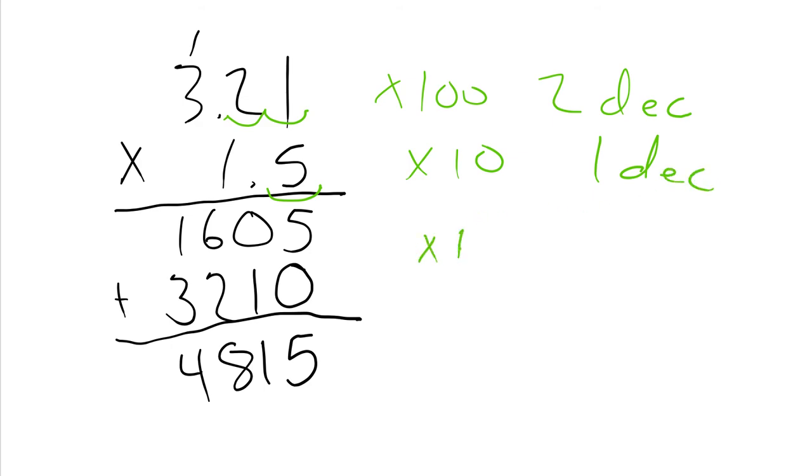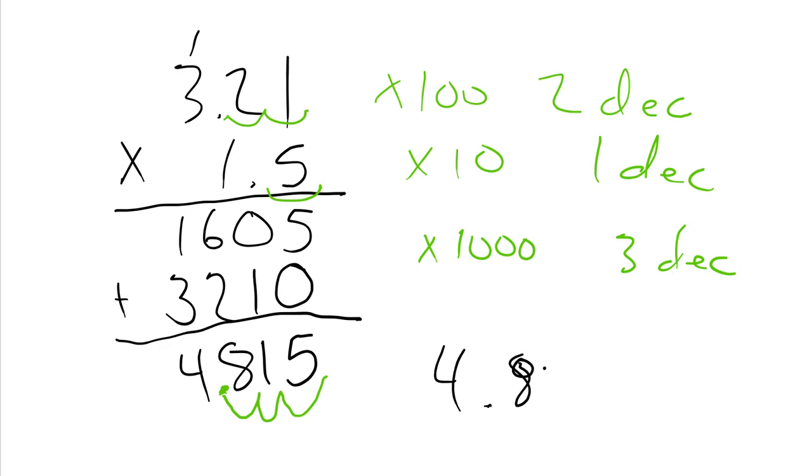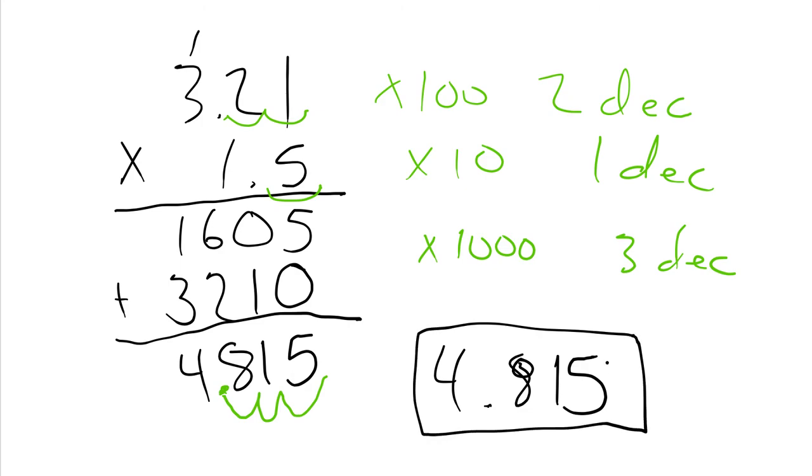So in total, we multiplied our product by 1,000, which has 3 decimals. So since we multiplied by 1,000, we have to undo it, which means we have to move back 3 decimals. So 1, 2, 3. And that's where our decimal goes. So 3.21 times 1.5 is 4.815. Whoops, that's not a pretty 8. Still getting used to this tablet here. There we have it.